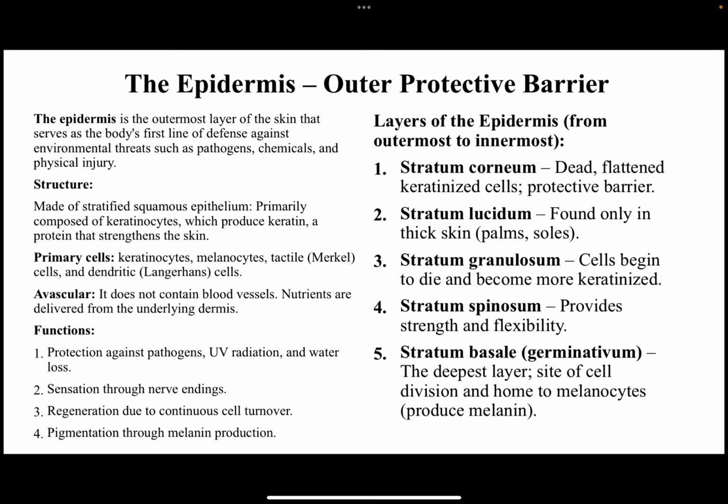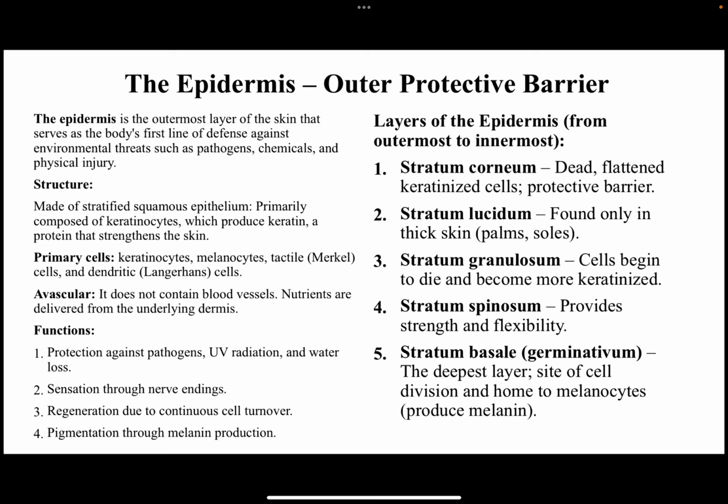The 5 layers: we have the stratum corneum, the stratum lucidum, the stratum granulosum, the stratum spinosum, and then the stratum basale or germinativum. These are the 5 layers of the epidermis. Is that okay?